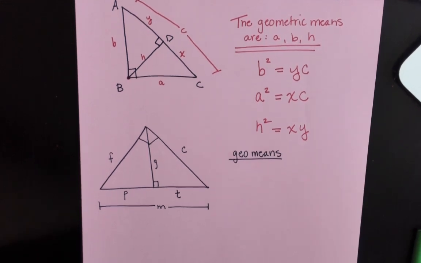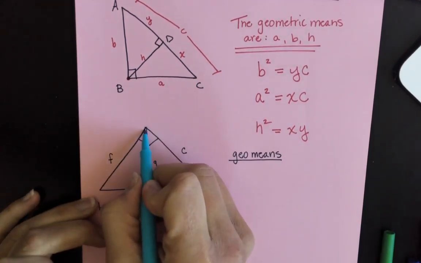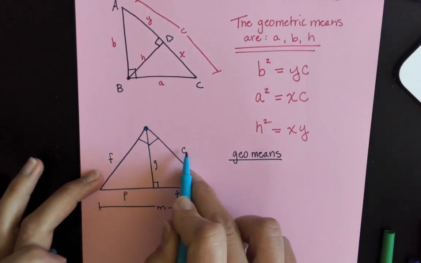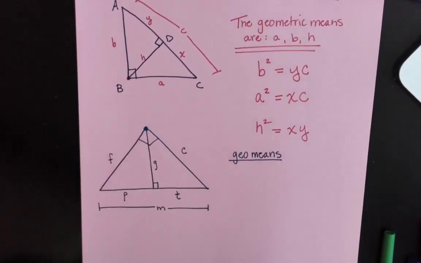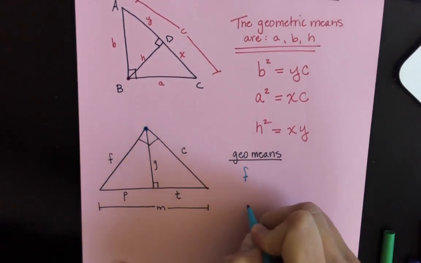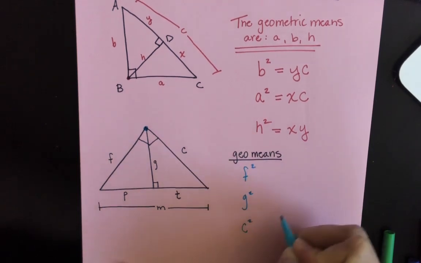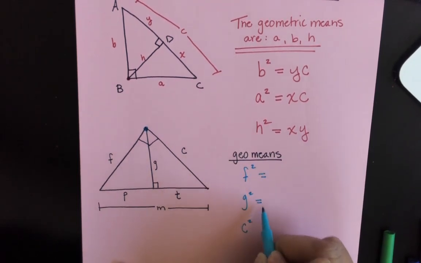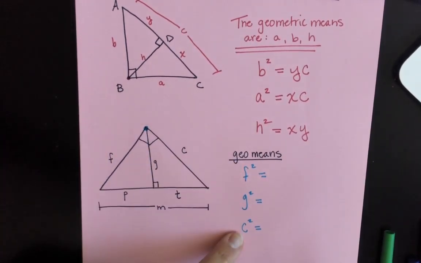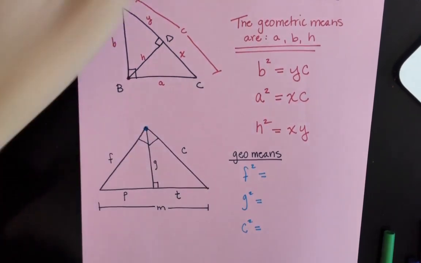Remember some of the patterns we looked at? Yep. Again, they're all going to be right out of that original right angle. So it is going to be F, G, and C. And a lot of times we use these variables over and over and over again. So we're going to take F, G, and C, and we know that they all get squared. I do not want to use those letters again because I've already had them incorporated into that proportion.